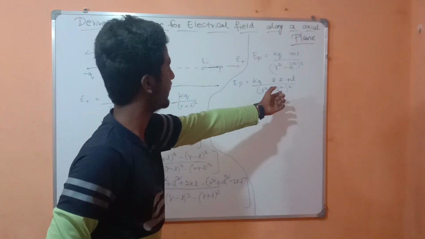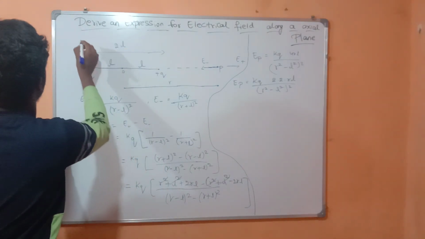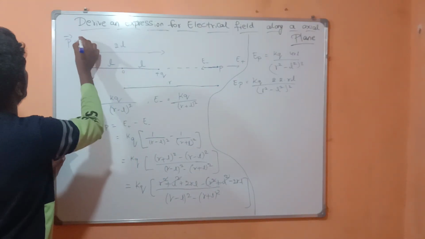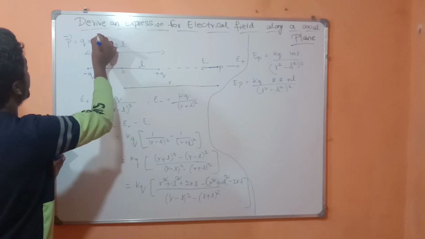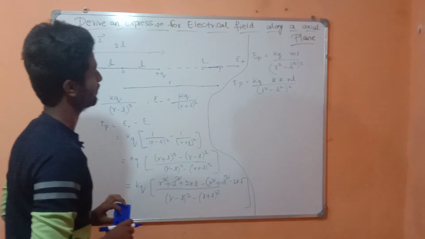Why have I written this? We have a formula: the dipole moment vector P is equal to charge Q into the length of the dipole, with L taken as a vector.